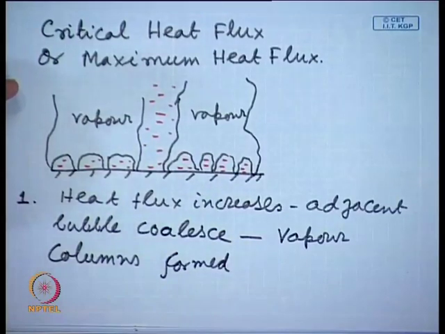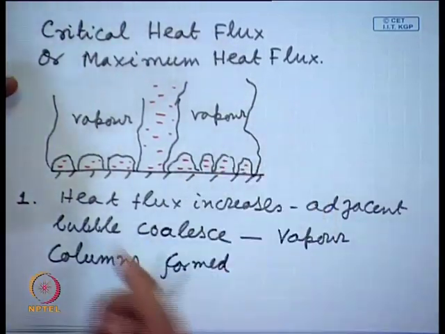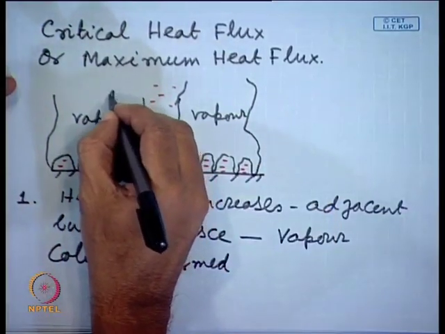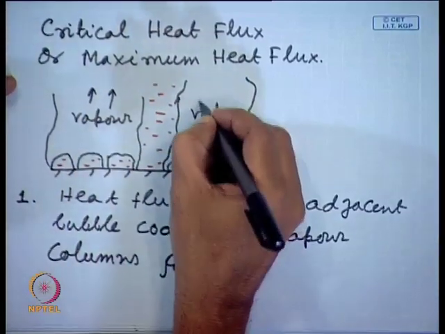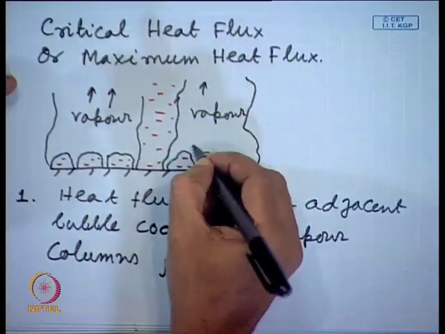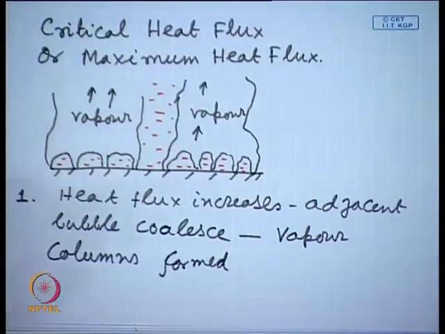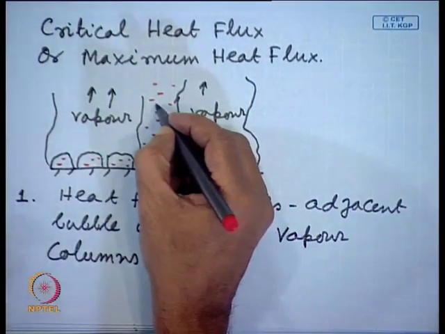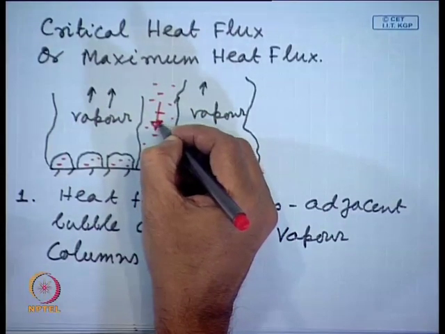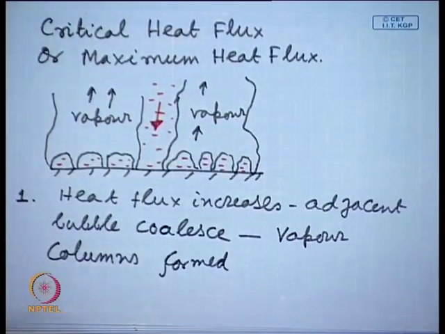Okay. In the vapor column, the vapor is moving in the upward direction as it is a lighter fluid. Then the liquid has to come in the downward direction. The liquid will be coming in between two vapor columns, so the liquid has to come in the downward direction.